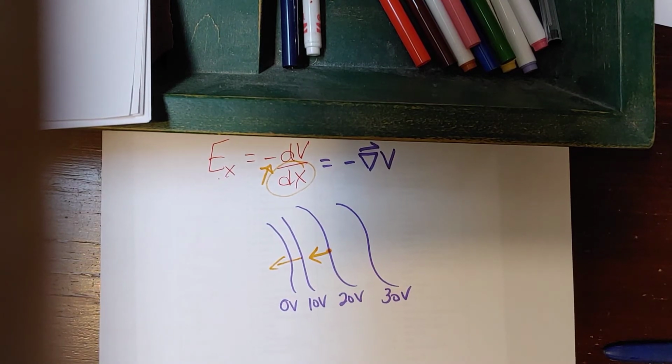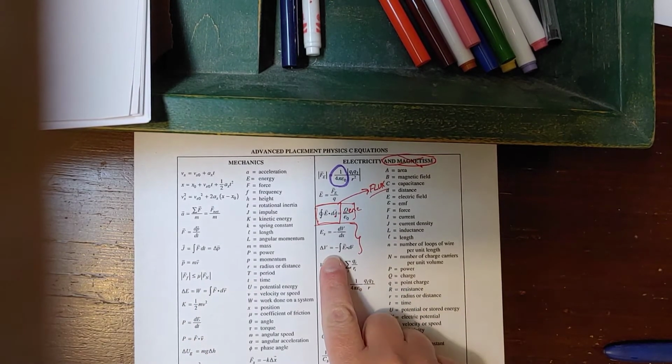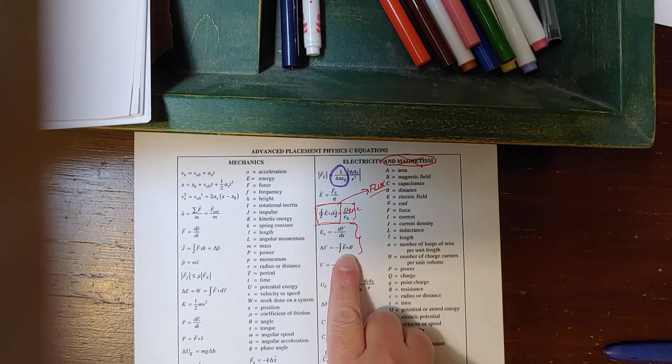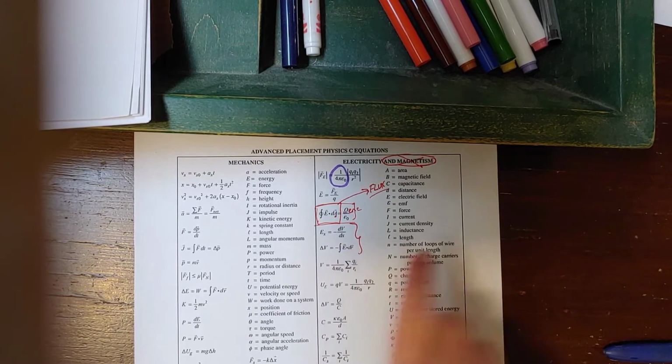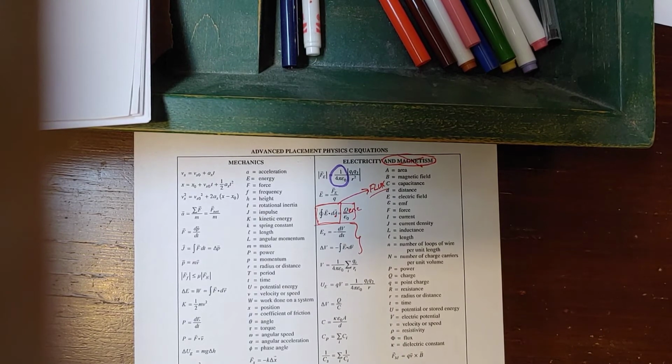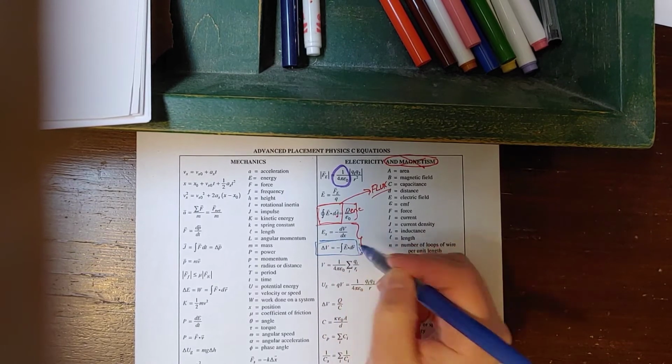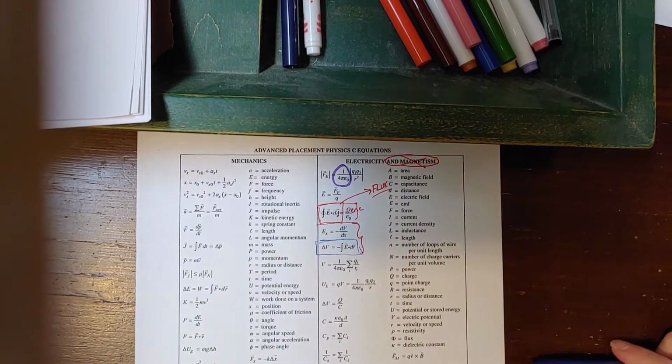The next equation here is just literally this turned around, okay? This looks an awful lot like that. I'm using a pen that barely works.